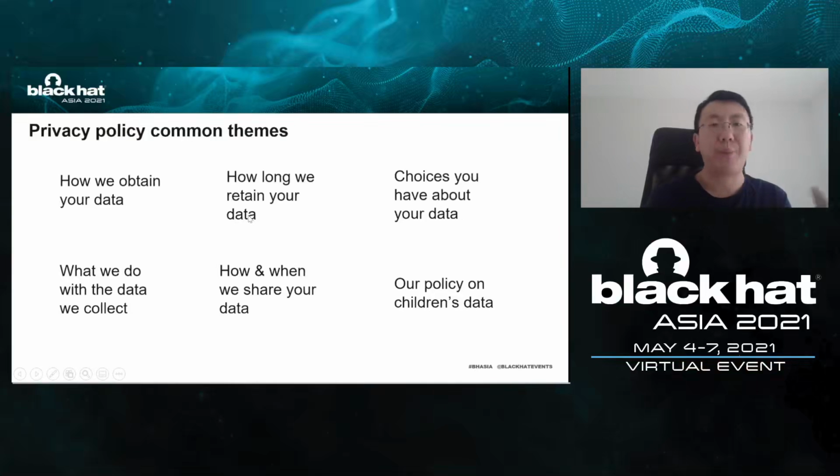And third is the period the application will keep the data. And if they are going to share the data, to whom and when. And also they will make it clear what kind of control the data owners have. And the last one: if they involve some children's data, they need to give a clearer policy on that.